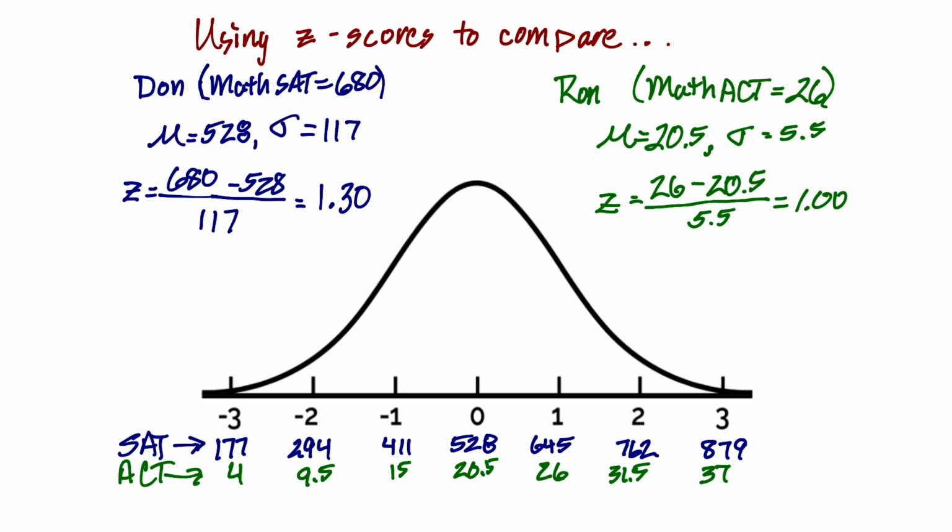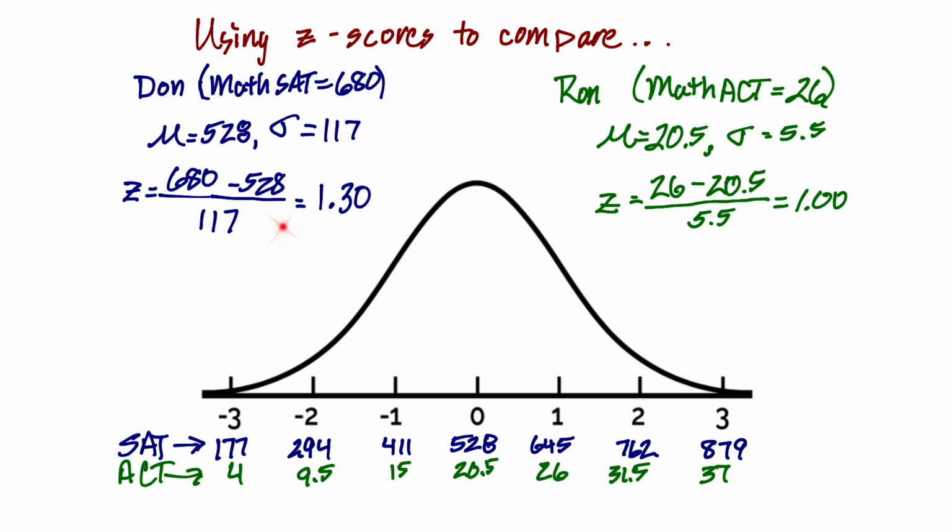Now, both these tests ostensibly test the same math ability, and both are known to be normally distributed. The math SAT is normally distributed with a mean of 528 and a standard deviation of 117. The ACT has a normal distribution with a mean of 20.5 and a standard deviation of 5.5.